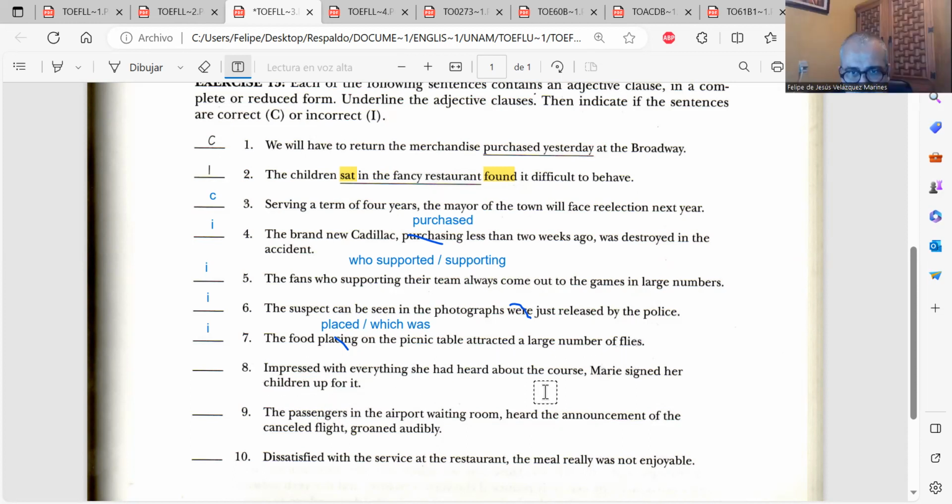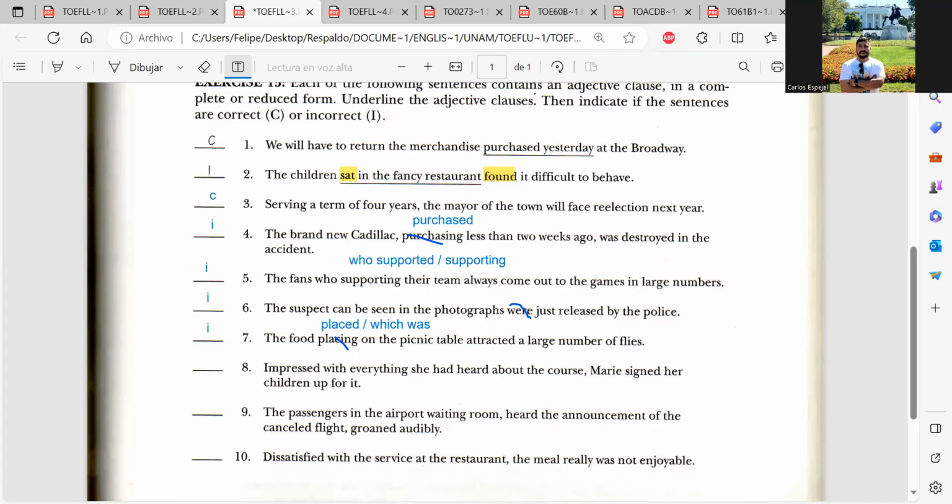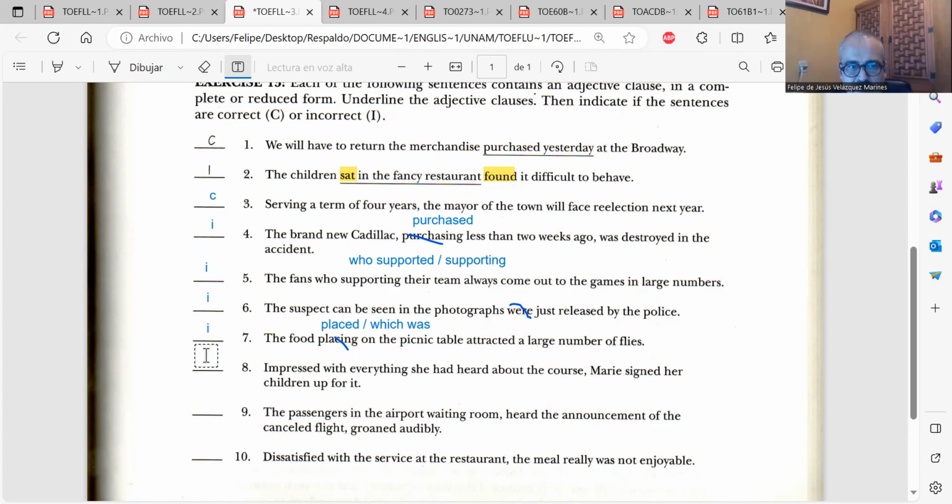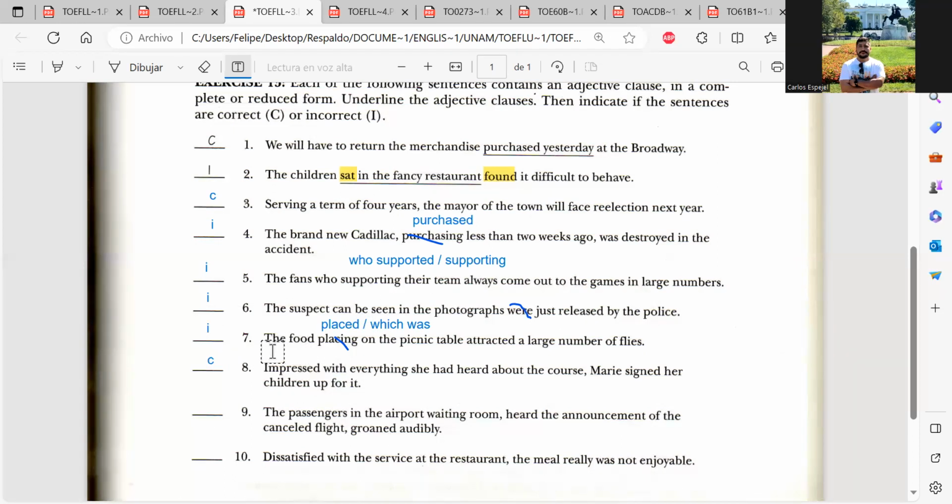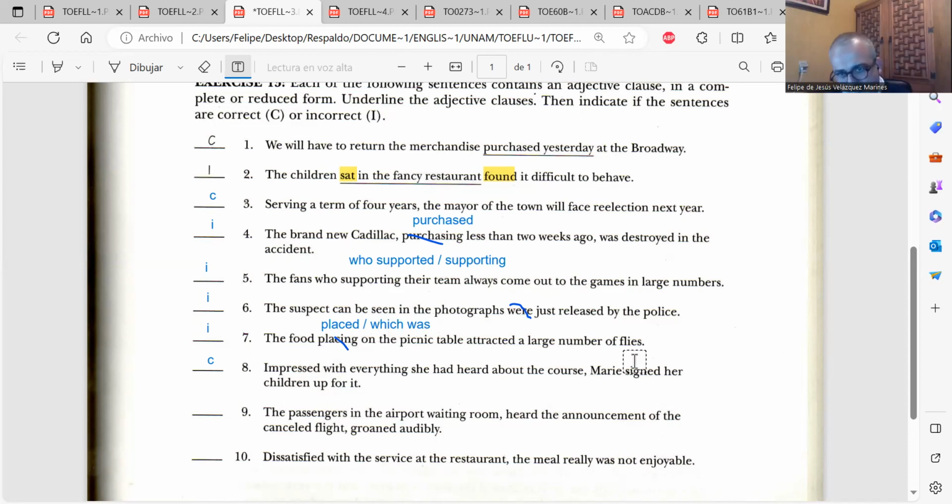It's fronted. I think it's correct, definitely. We can expand it and say Mary, who was impressed with everything she had heard about the course, signed her children up for it. Excellent. Very good. Blanca, number 9.